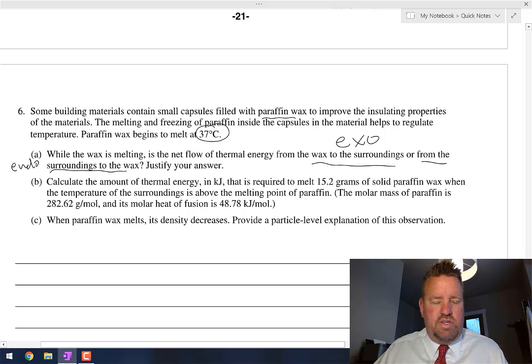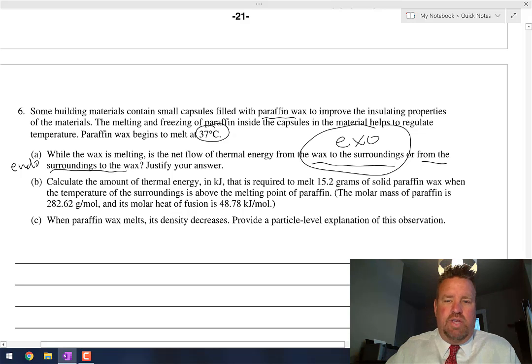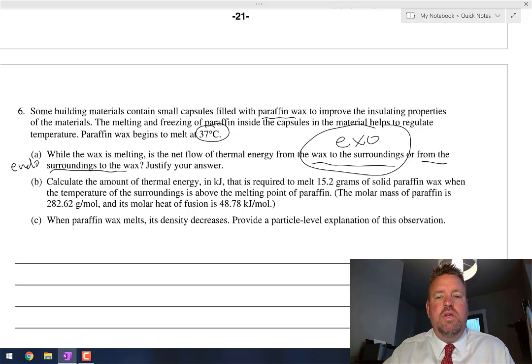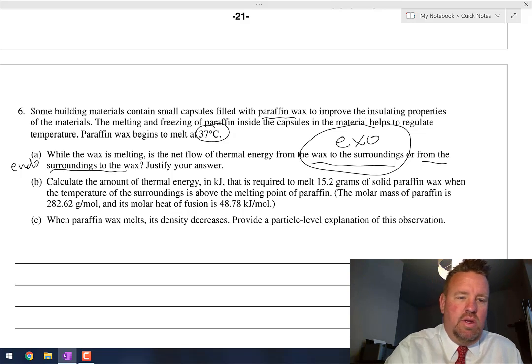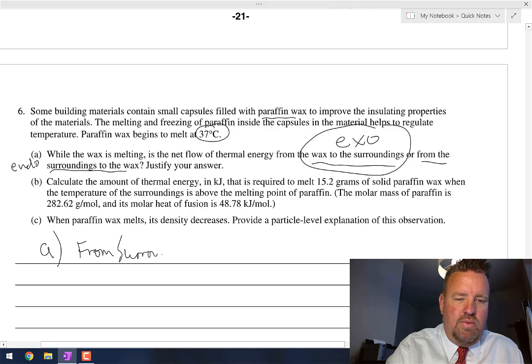Well, just ask yourself, when something melts, does it give off heat, an exothermic process, or does it require heat? Well, you're weakening those intermolecular forces, and so in order to do that, you absolutely need some heat. It requires some heat. So part A, you're going to say from the surroundings to the wax.